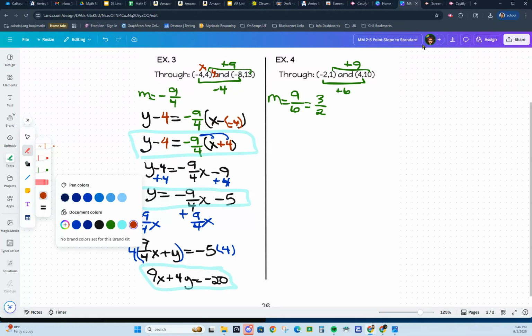Now, I'm going to use 4, 10 as my x1, y1. Okay, I'm using those because there are no negatives in there. I don't need to worry about them. I can just plug them into the equation and go.